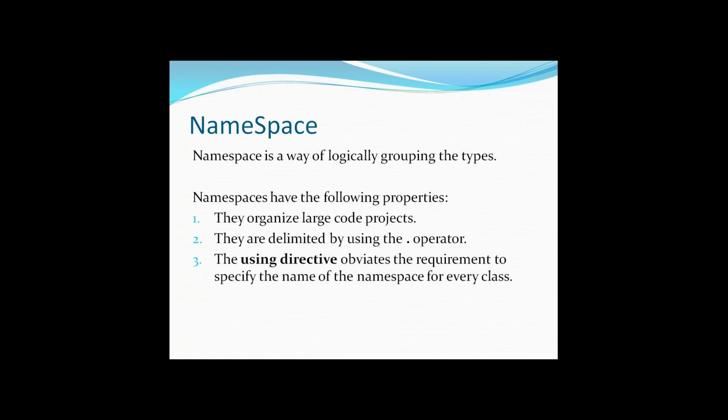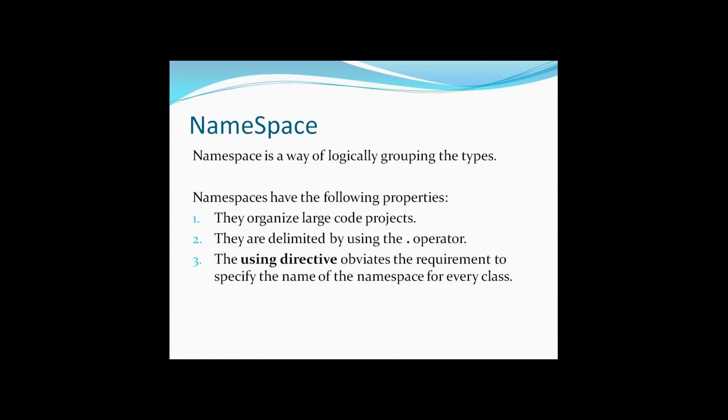System says it contains all the groups of classes which are related to your system. And system.web says that it contains all the types associated with your web-based development. System.windows will tell that it contains all the types associated with your Windows-based development. Making sense?